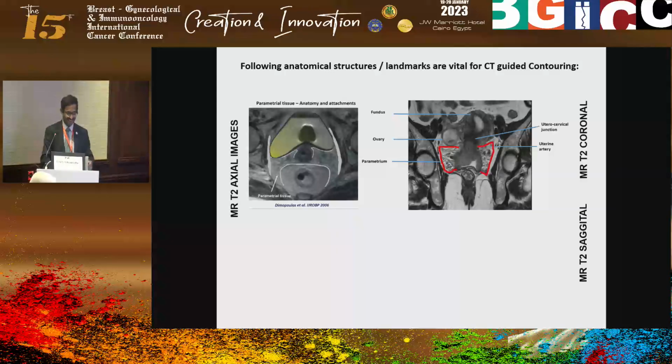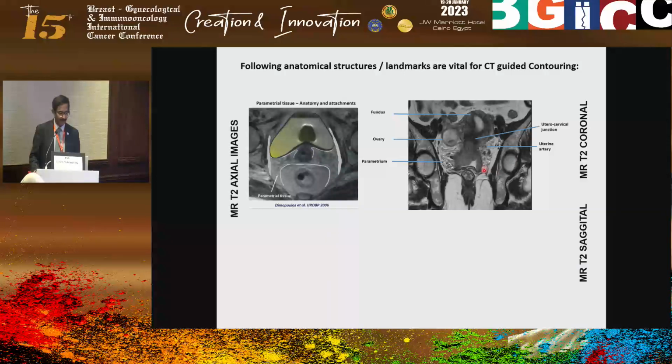Okay, I'll use the pointer here. Okay, so if you see laterally, these are the attachments of parametrial tissue, but you see there is a fatty tissue which is more or less homogeneously white. So that is the fatty tissue which harbors the lymph nodes and vessels.